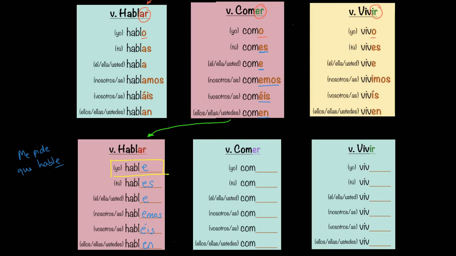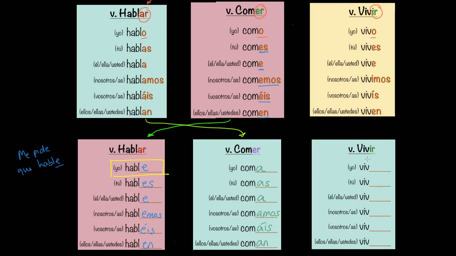I'll give you a clue. That I eat would be in Spanish que yo coma. So if this is an A, what's going to happen? Exactly, I'm going to take these endings and put them here. So it's going to be que yo coma, que tú comas, que él, ella coma, que nosotros comamos, que vosotros comáis, que ellos coman.